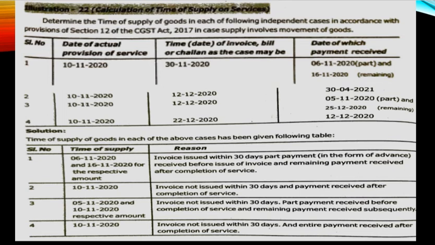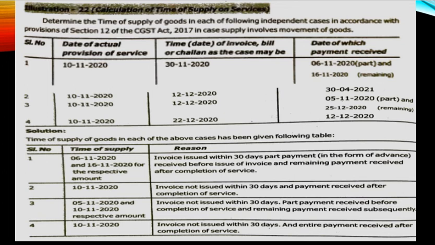So next is the fourth situation. The date of actual provision of services is 10th November 2020, and the date of invoice is 22nd December 2020. So it is not within 30 days. The invoice is given to the buyer, or to the person who has received the services, after 30 days. So the second condition should be followed, where the date of actual provision of service or the date on which payment is received, whichever is earlier, applies.